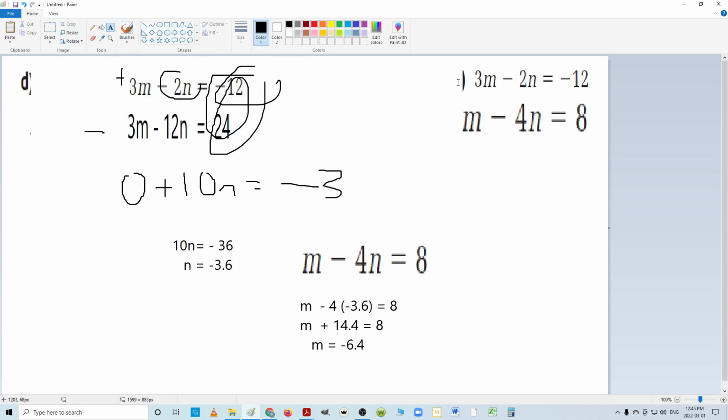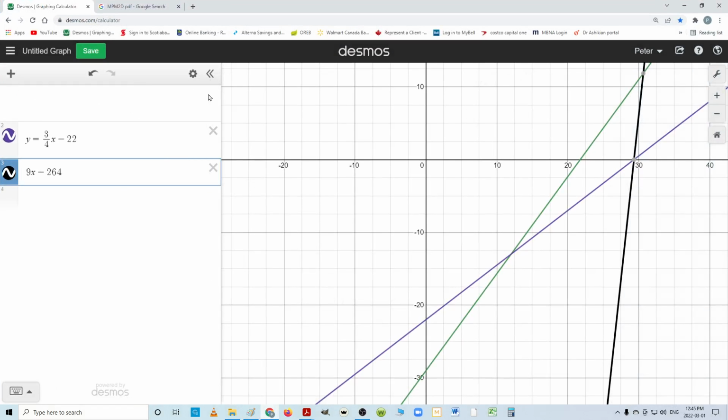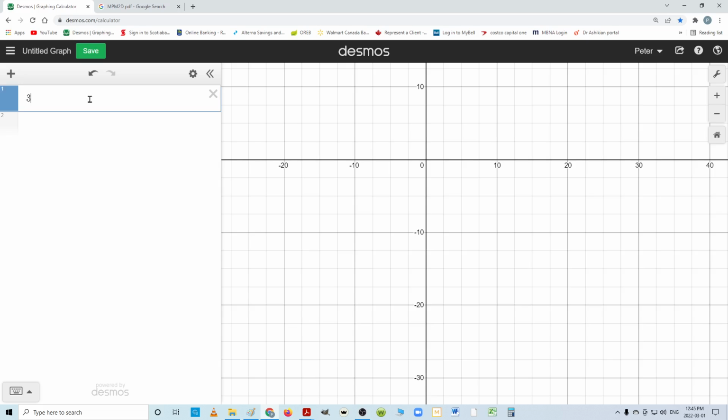Let's see if that's true. If I plug these two into Desmos, they should meet at the coordinates minus 3.6 for n and minus 6.4 for m. So we'll make n x and we'll make m y, so that Desmos knows what I'm talking about, but it might still work with the m and n. So 3m minus 2n is equal to, what was it equal to?